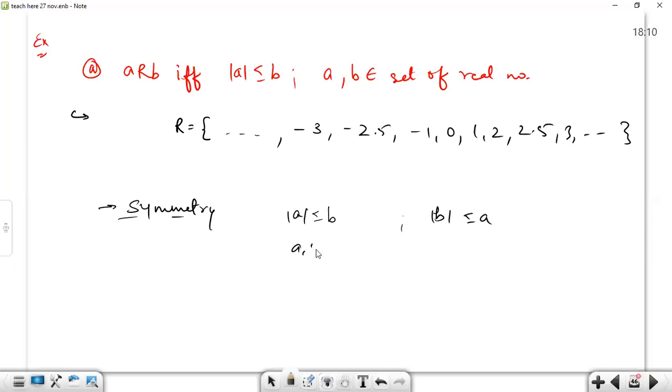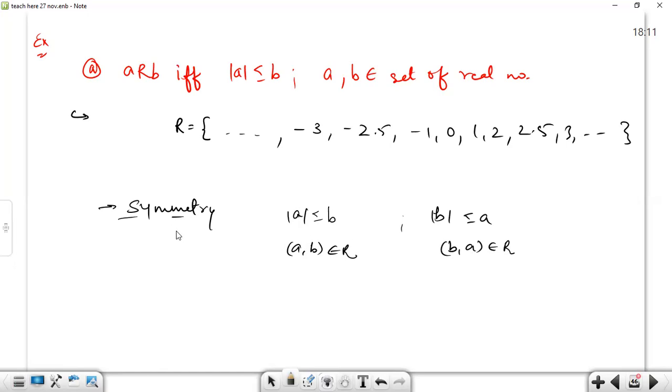Then only AB will be belonging to the relation and BA will be belonging to the relation, and if it is so, then we will be able to announce this relation as symmetric. Whenever we are checking, we have to try hard to prove the given relation as otherwise.